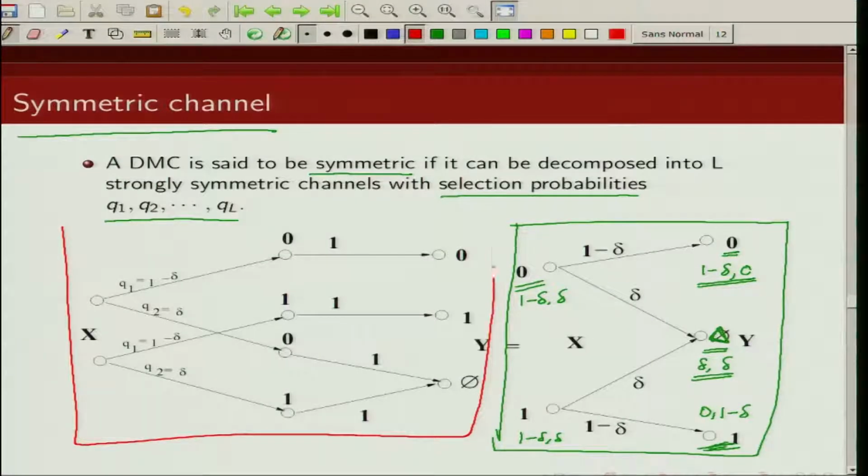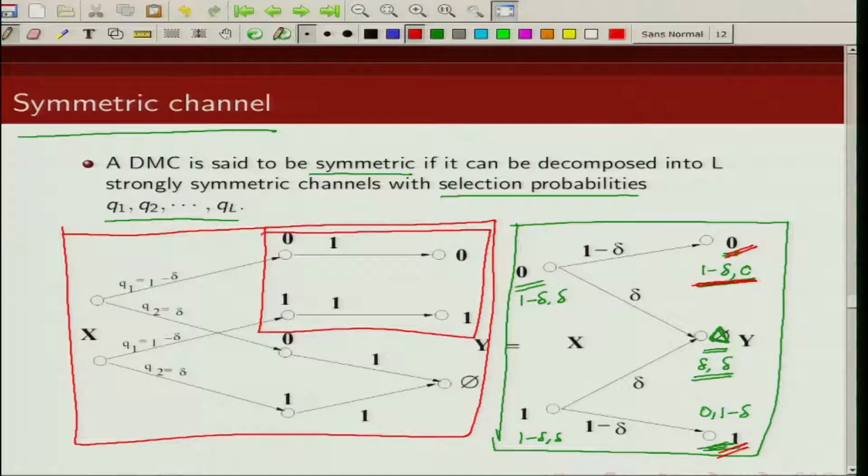Now look here. If you noticed, these outputs 0 and 1 have the same focusing, because these probabilities, when arranged in decreasing order, are 1 minus delta, 0, and 1 minus delta, 0. So I can decompose this into two channels. One is the channel corresponding to the outputs 0 and 1, and the other one is corresponding to this particular output.